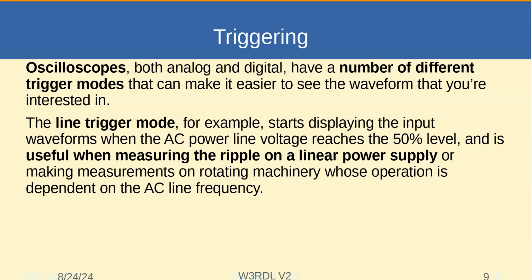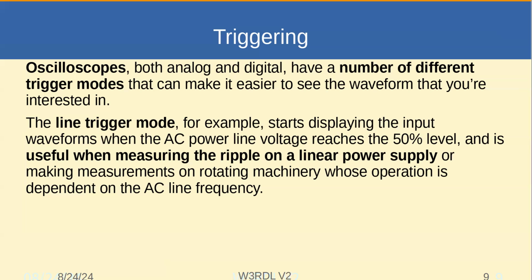So you have to use the triggering mode, and there's as many as 4 or 5, maybe 6 different modes on a lot of them that you can select. AC coupled, DC coupled, a level, a ramp up and down. And most of them usually have what's called line, where it syncs on the 60 hertz line signal, because they're normally plugged into AC. And it uses that particular point to sync things.